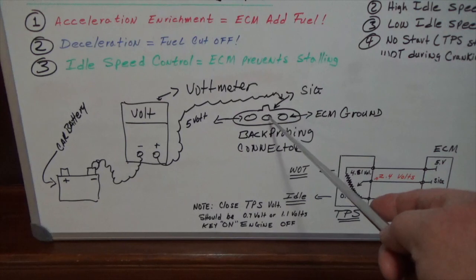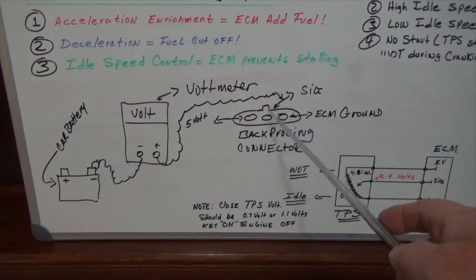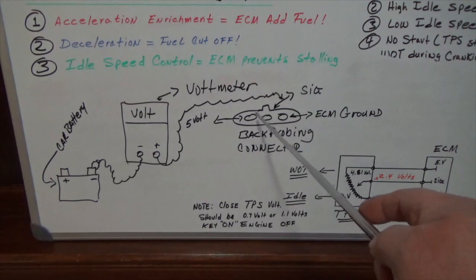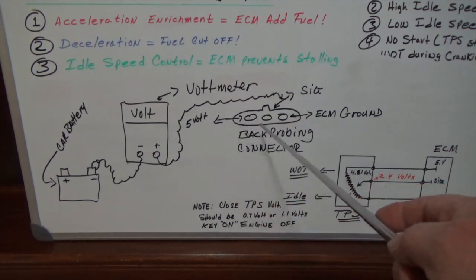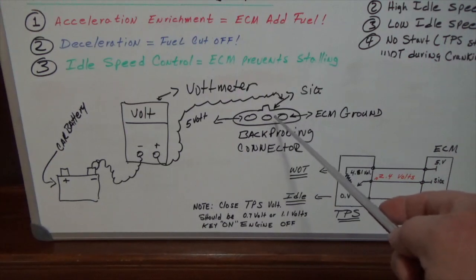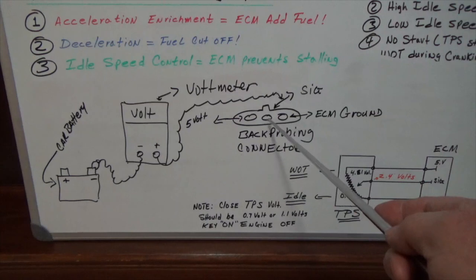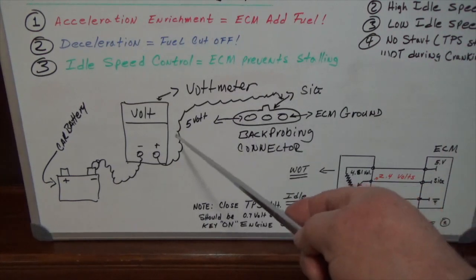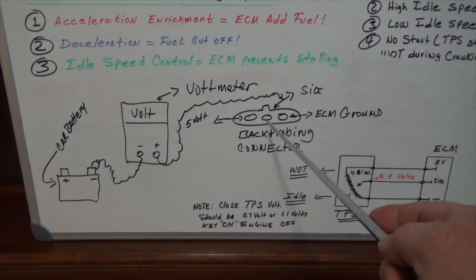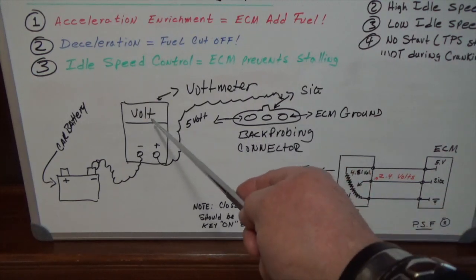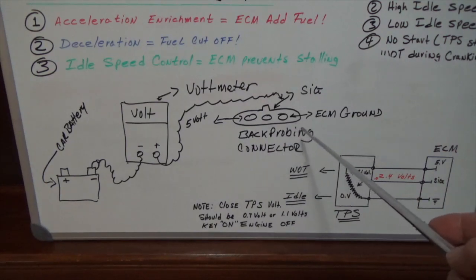Now with the accelerator going up, accelerator going down, the voltage reading here should be going up. At half pedal, it should be 2.5 volts, something like that. At wide open throttle, which is pedal all the way down to the floor, this should be close to 5 volts here.